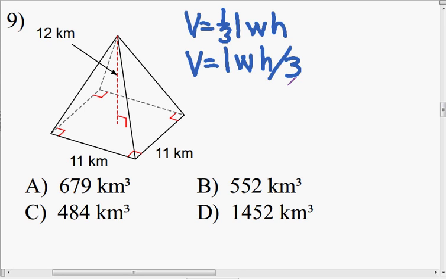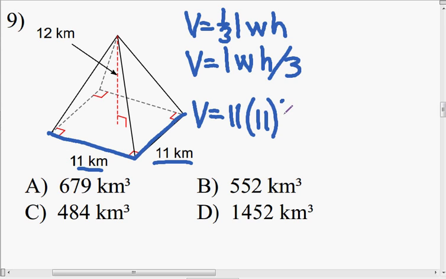If I look at my pyramid, first of all, length and width, and my height, 12, divided by 3.